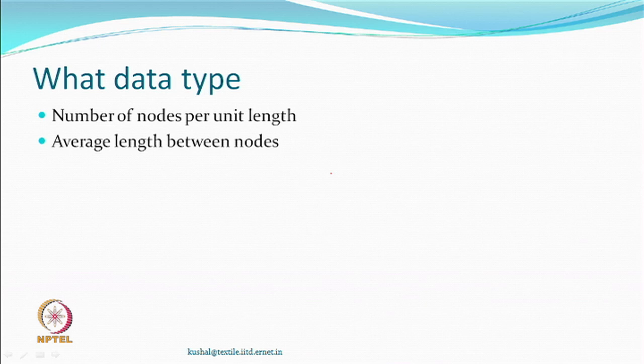So, there is no entanglement here. So, it is just there under pressure, goes up and down as it moves down, and you can measure this. What do you measure? Number of nodes per unit length and also average length between the nodes. For the same thing you can calculate these and give the data.